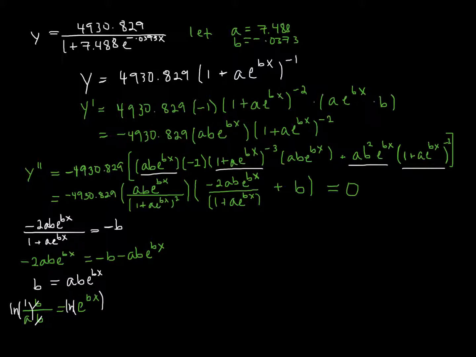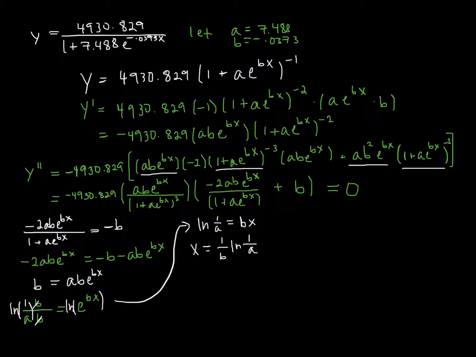Well, what must I raise e to the power of to get e to the bx? Simply bx. Then finally, to solve for x, I just have to divide by b or multiply by 1 over b. And so x is going to be equal to 1 over b natural log of 1 over a.